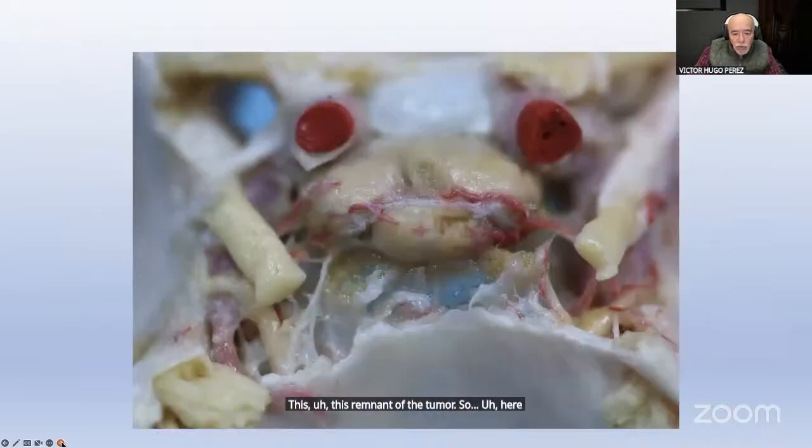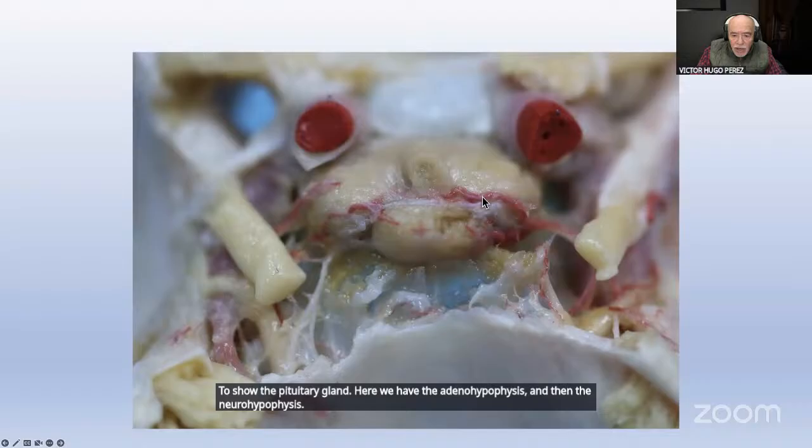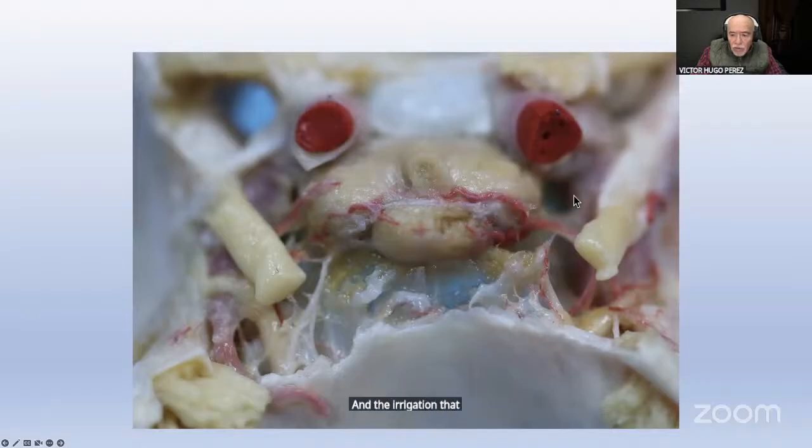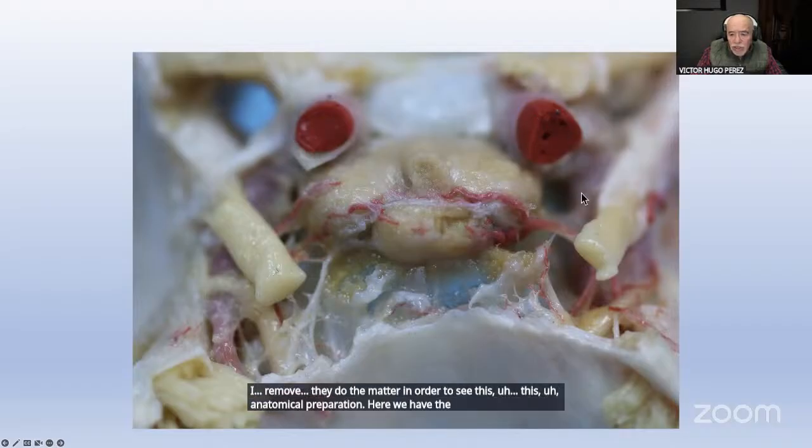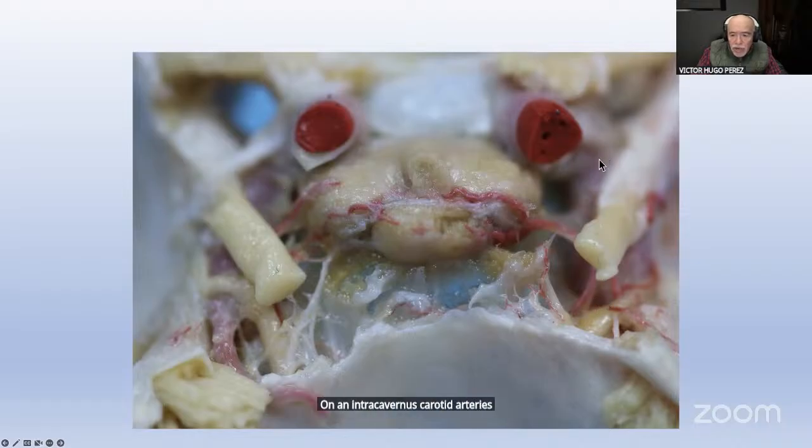Here we have another picture to show the pituitary gland. Here we have the adenohypophysis and then the neurohypophysis, and the irrigation that is coming from the intracavernous carotid artery. I removed the dura mater in order to see this anatomical preparation. Here we have the supraclinoid carotid arteries and intracavernous carotid arteries, and arteries that are coming from this artery.